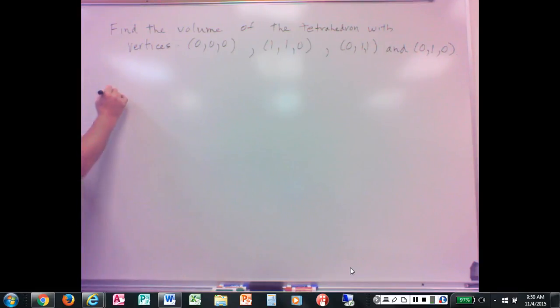All right, and so let's draw this to get the picture. (0, 0, 0), (1, 1, 0), (0, 1, 1), so 0, 1, and then 1 in the z, and then (0, 1, 0), right there.